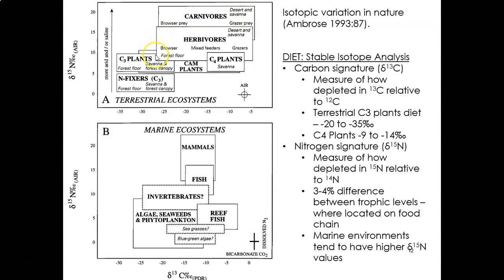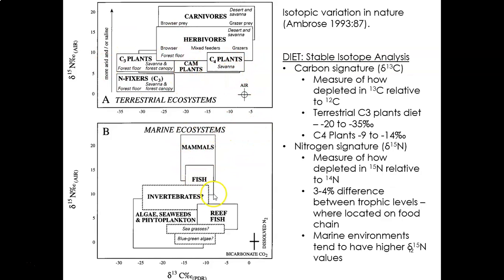You can see that Ambrose included not just carnivores and herbivores, but also plants and nitrogen fixers. And you can see that there are different proportions of nitrogen 15 in carnivores and herbivores, so higher than other organisms in terrestrial environments.